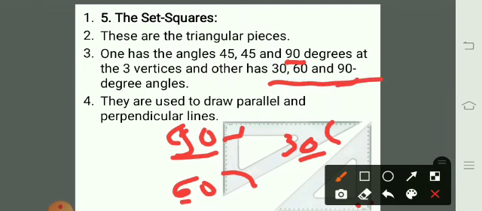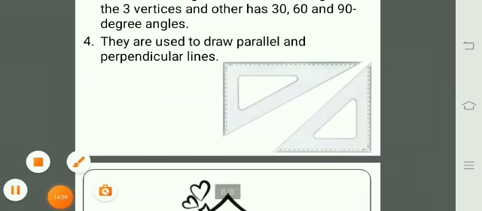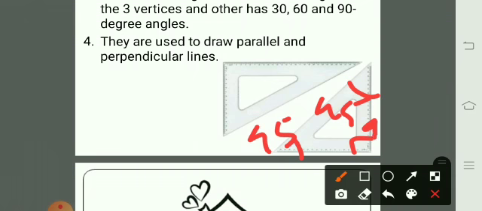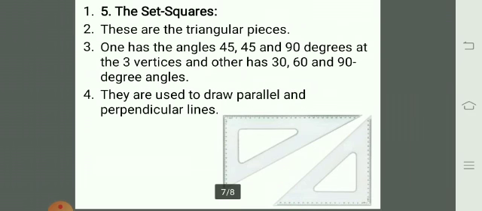Now moving towards the second set square. Here again it is 90, 45, 45, so this second set square is called the 45, 45 and 90 degree set square. So clear? I think all of you understood what the set squares are.